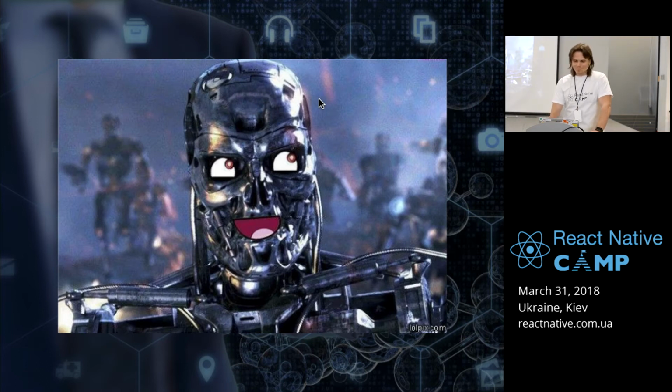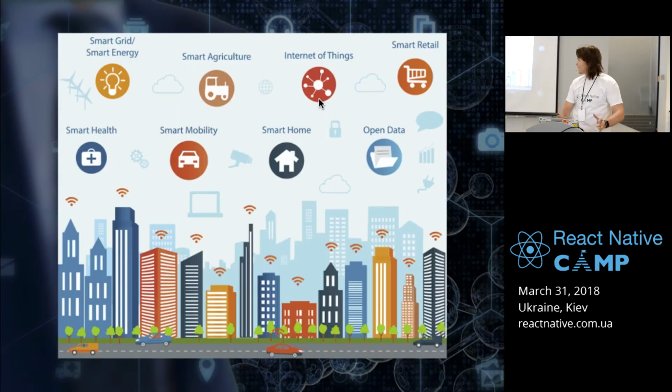But we don't know. So right now we know that the term Internet of Things is mostly in these fields. We have smart grid, smart energy. We have agriculture, Internet of Things in general. We have smart retail, like smart mirrors of sorts. We have smart shopping carts.